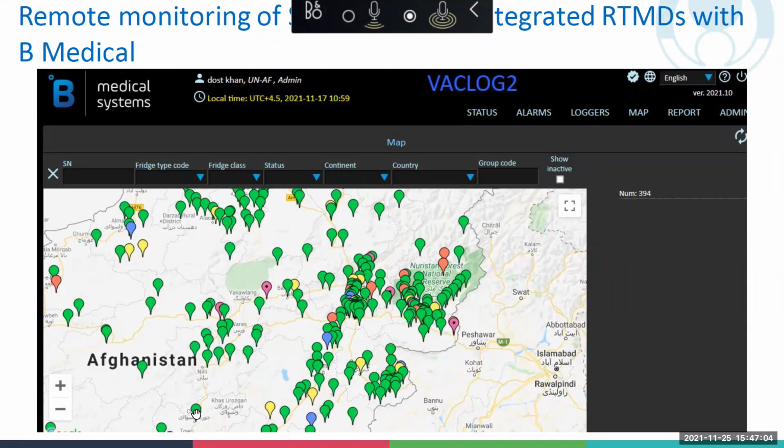For each of these, an alarm is sent to the concerned cold chain technicians, and action is also initiated with the B Medical agents in Afghanistan, the Kurishi Group, who are responsible for managing and resolving every issue communicated to them concerning equipment malfunction. Next slide.